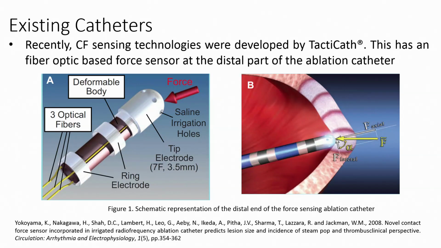The first is a catheter with force sensing technology that was developed by Catheter, where there is a force sensor, saline irrigation holes, a tip electrode of about 3.5 millimeter, ring electrodes and optical fibers. If the body deforms, then correspondingly, using the optical fibers, the force is measured.